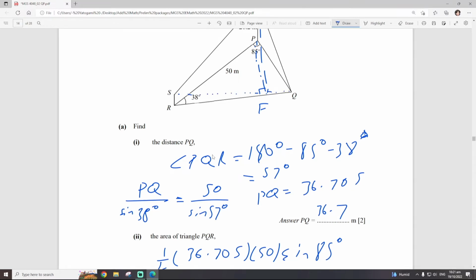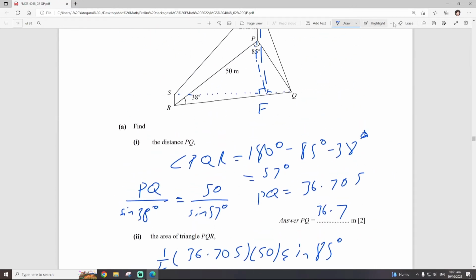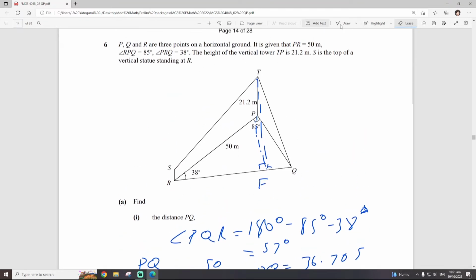So angle of depression of S from T. Oh, no, sorry. Angle of depression of S from T means this one. Means that this is 20 degrees. And I make this parallel to the ground.